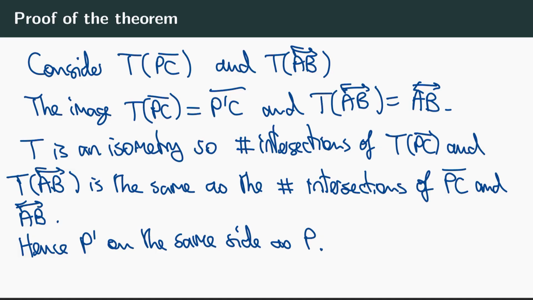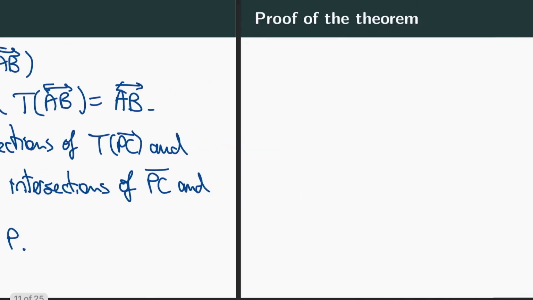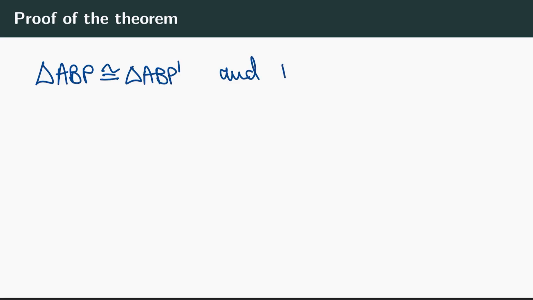So now we're ready to hit this with our triangle fact. And so now we have triangle ABP is congruent to triangle ABP prime, and P and P prime are on the same side of the line AB.